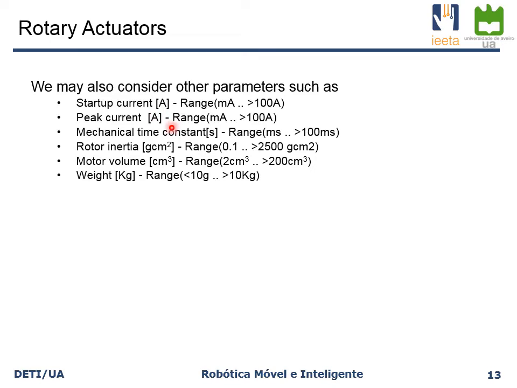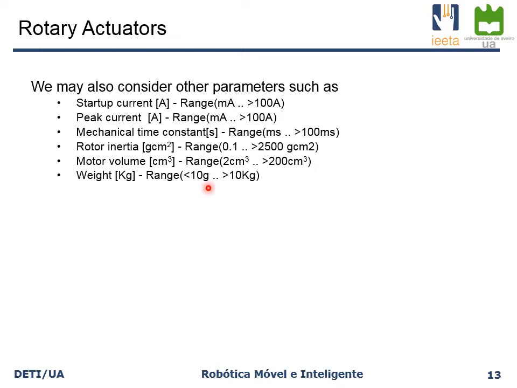The peak current, the mechanical time constant, which has to do or may have to do with the inertia of the motor, the rotary inertia itself, the motor volume, which is important in terms of the mechanical design of the robot, and finally the weight expressed in kilograms. So you have motors that can weigh less than a gram, maybe, depending.